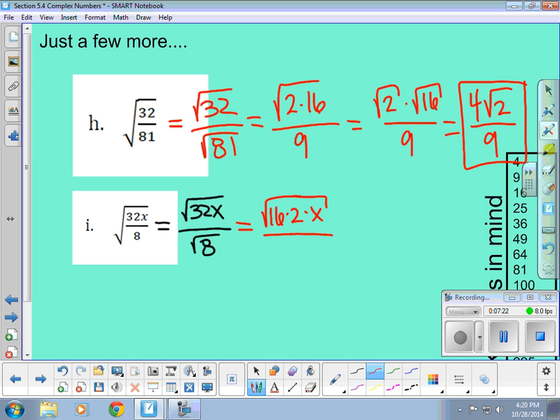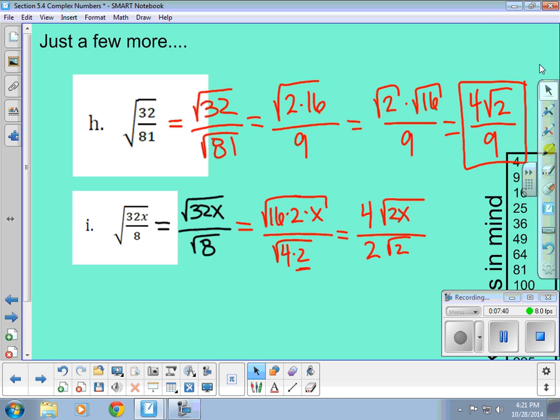My perfect square in 8 is 4 times 2. So the square root of 16 is 4. Underneath the square root, we can't take the square root of 2 or x, so we leave it as is. And then the square root of 4 is 2, and then I still have this 2 underneath the square root sign. So I simplify. 4 divided by 2 will give me 2.